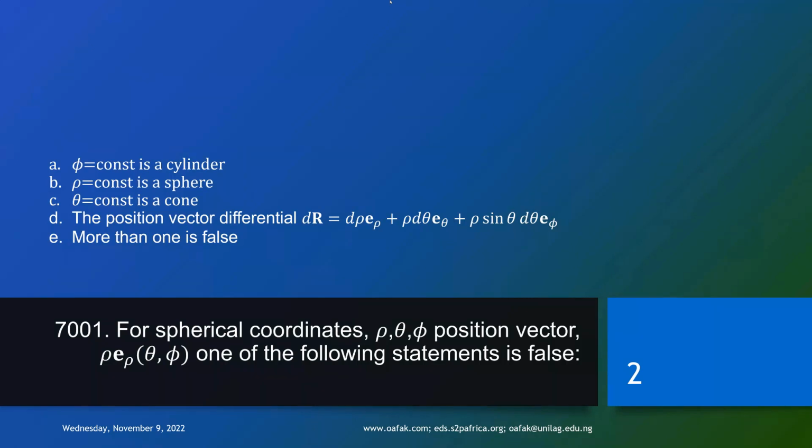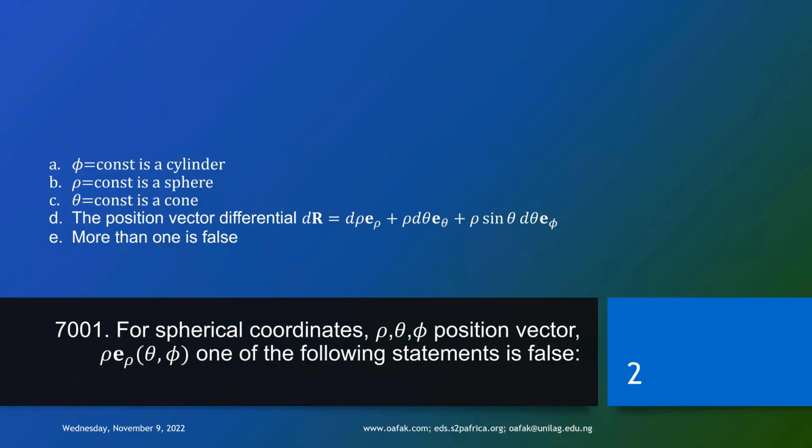It's not a sphere. I'm still waiting for more participants to respond. The people who have responded have given wrong answers. It's not a cylinder.